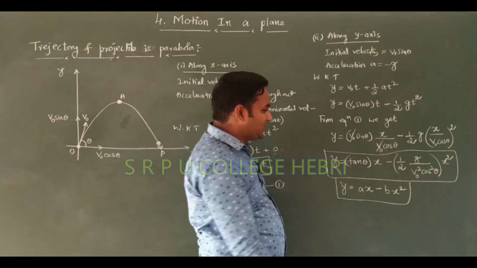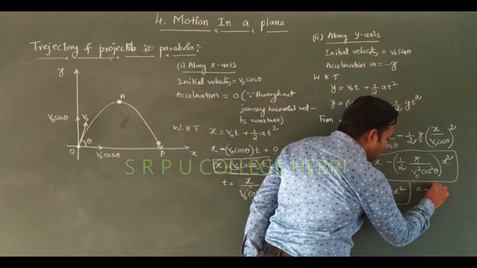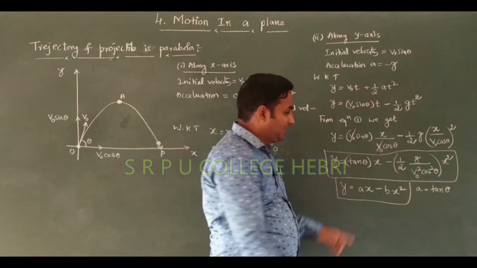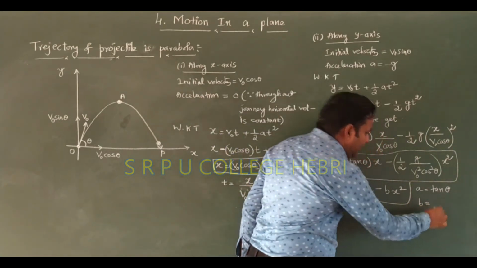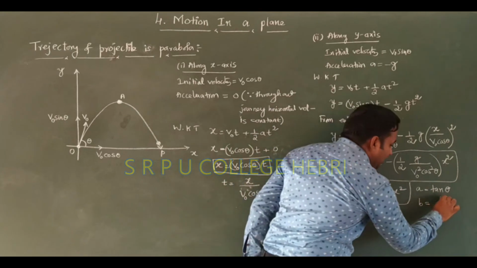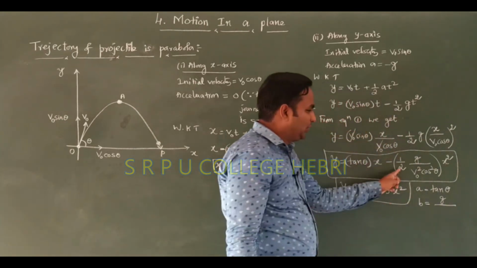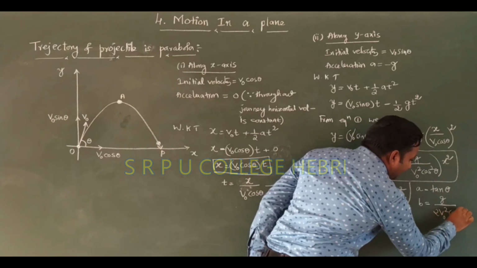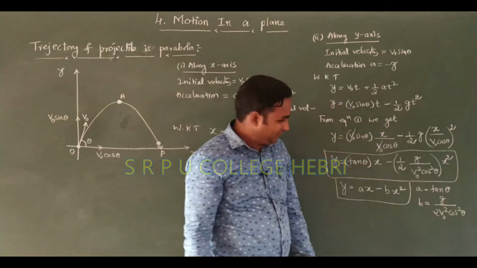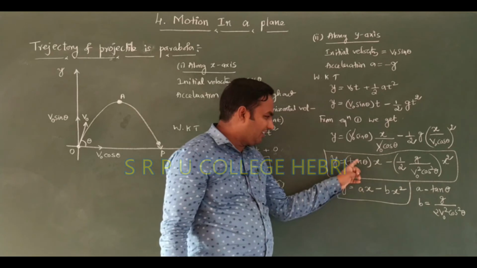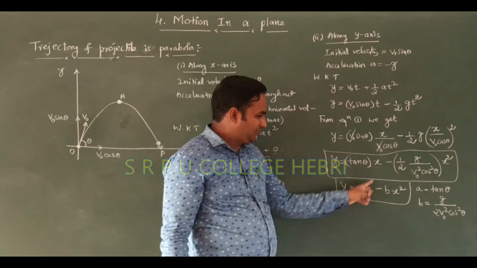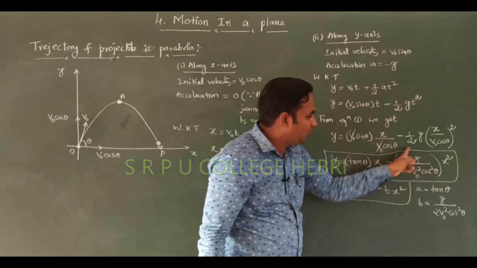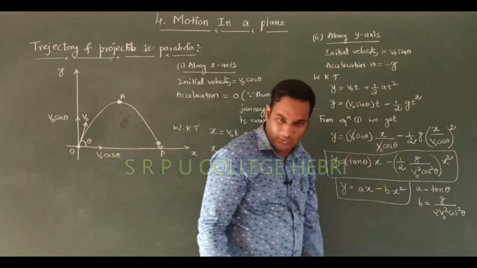That clearly gives the idea that a is equal to, on comparison, tan theta, and b is nothing but g divided by 2 v naught square cos square theta. When we compare these two equations, a became tan theta, x as it is, minus as it is, b is equal to this term into x square.